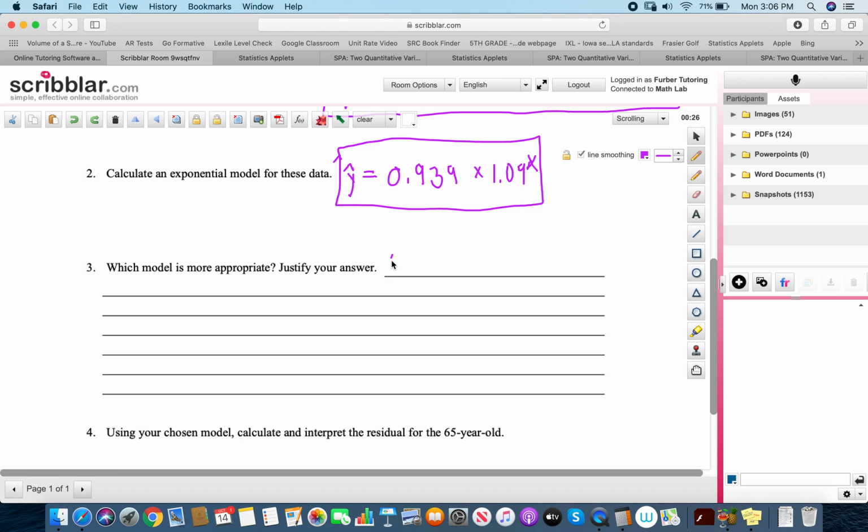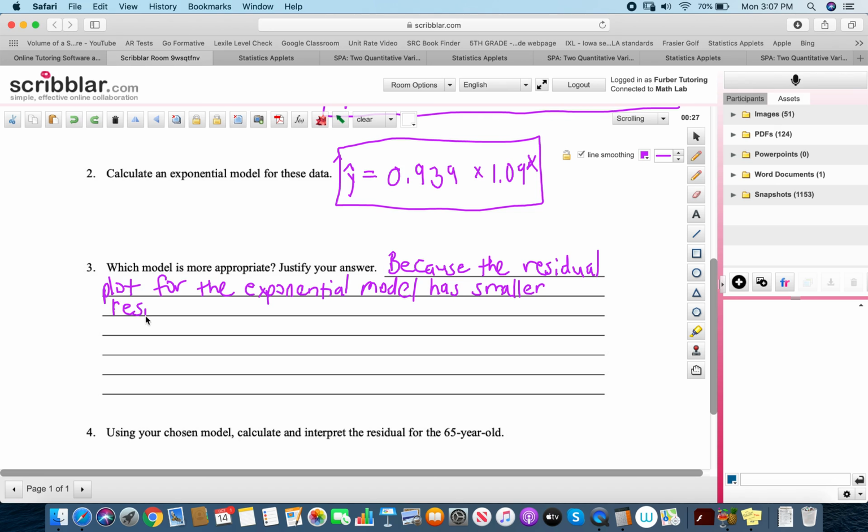I'm going to say because the residual plot for the exponential model has smaller residuals, meaning the data are not very far away.